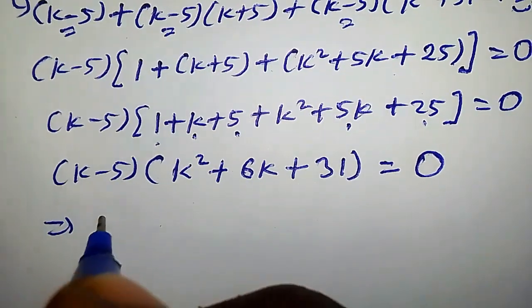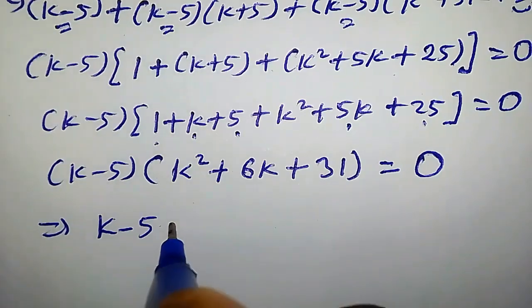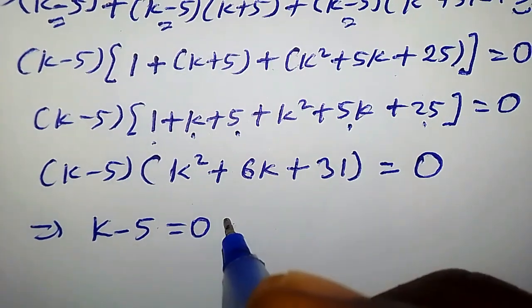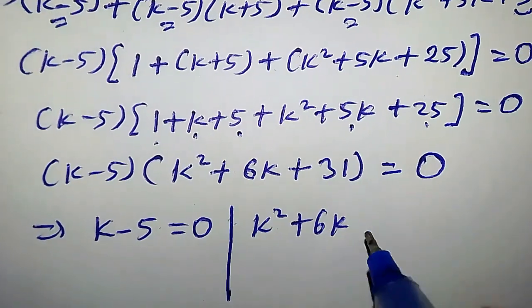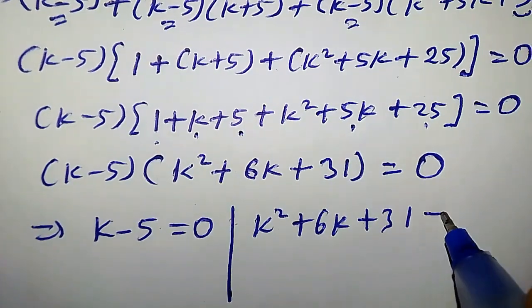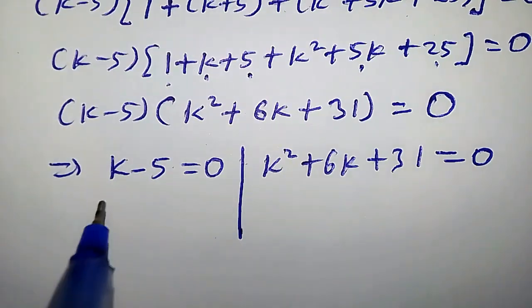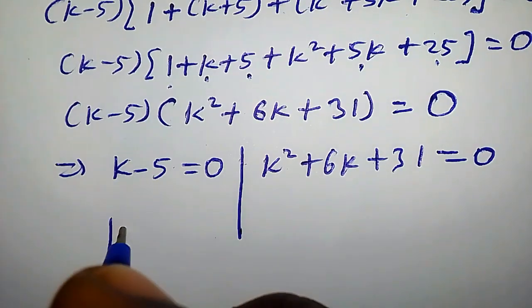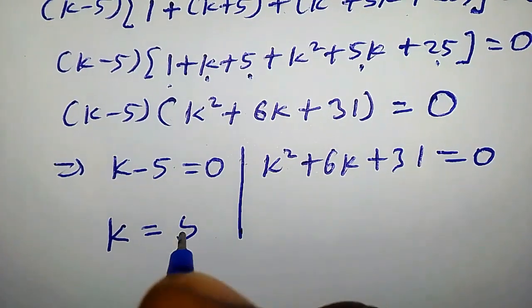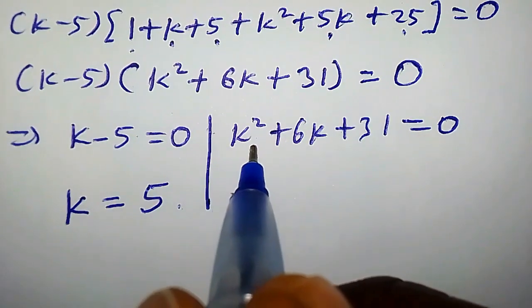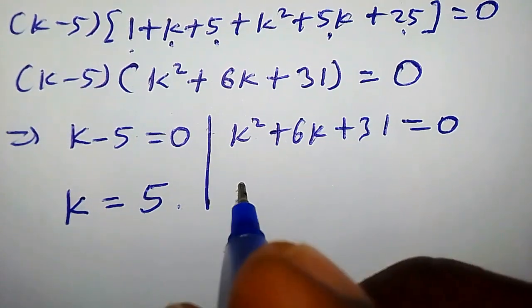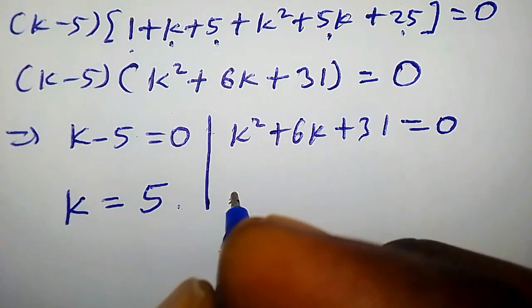Let's continue. This implies that k minus 5 is equal to 0, or k square plus 6k plus 31 is equal to 0. Clearly, from this line, k is equal to 5. Take note of this. Now, let's consider this quadratic equation. We can solve it using the quadratic formula.